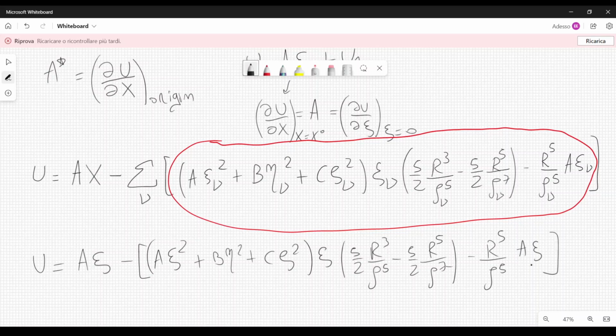So we wrote it like this, where xi was equal to x minus x0.